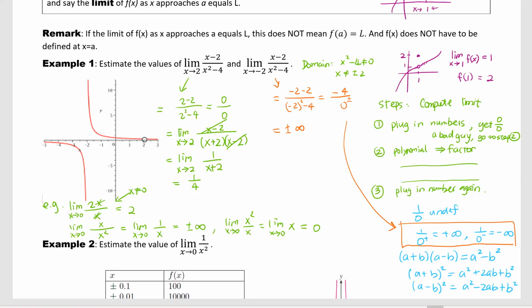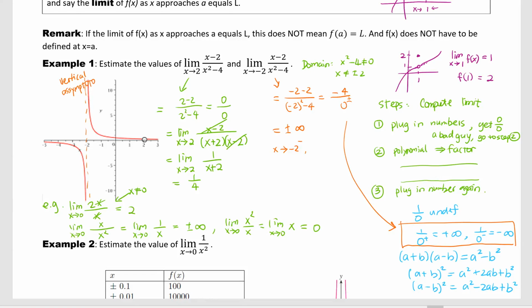So if you're approaching it from the left, you can see in this picture, we actually get a vertical asymptote here. So when x goes to -2 from the left, we get minus infinity. Why is that? If x goes to -2 from the left, negative means from the left, because the left is the more negative side, the right is the more positive side.